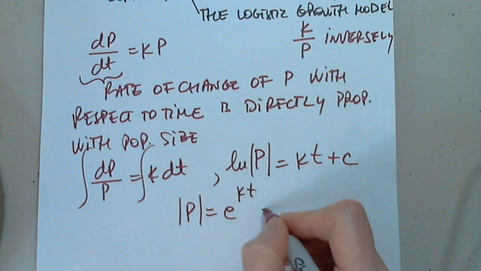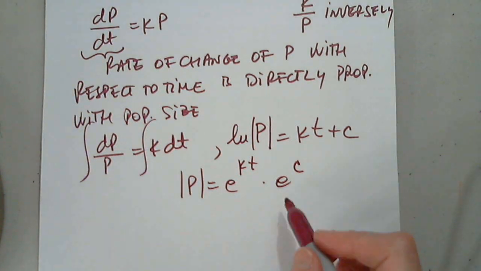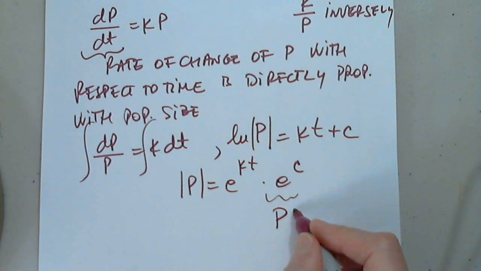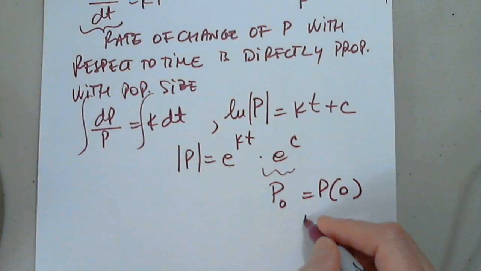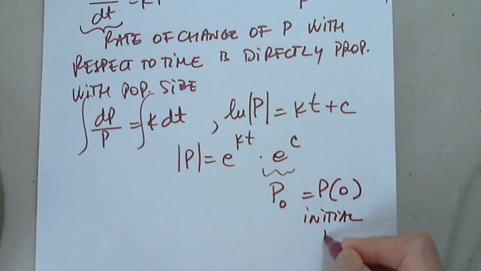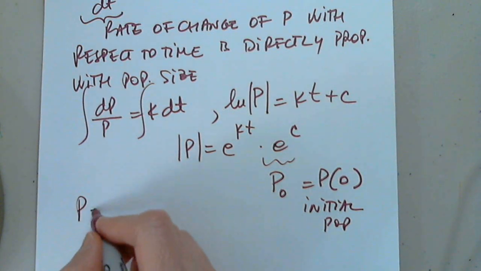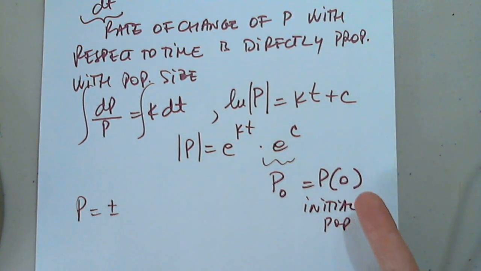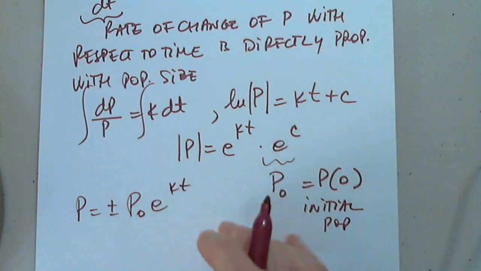So we did this again before. This is e to C, which will be replaced by P0 or P at 0, the initial population. And of course, P equals plus or minus the initial population times e to kt.